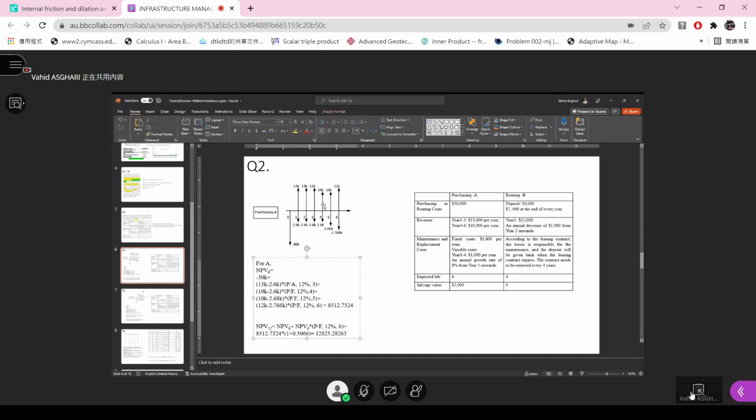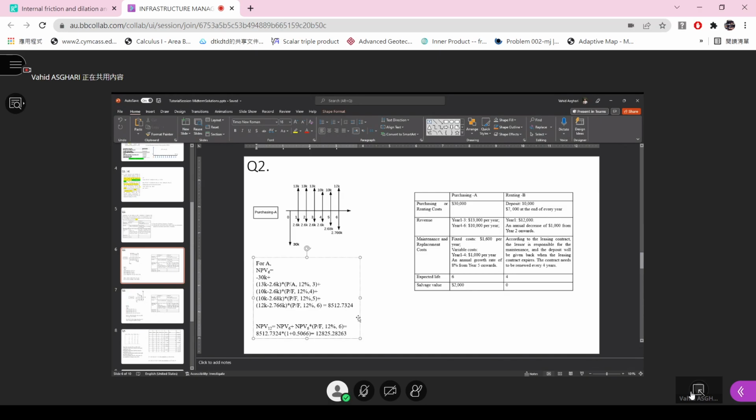For the fourth arrow will be 10 minus 2.5 based on its future value. For the fifth one, it will be 10 minus 2.68, 5 years, 12% based on the future value. And for the last one, it will be 12K minus 2.766. We will have to find the present value based on the future value, 12% and 6 years, and it will be 8,500 something.